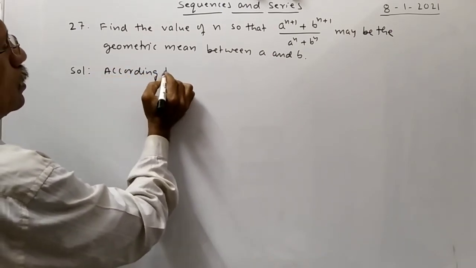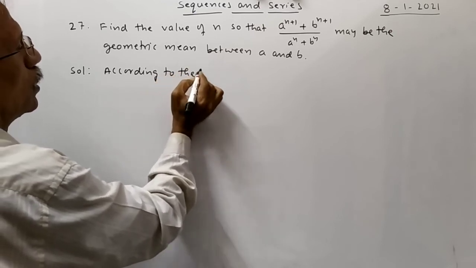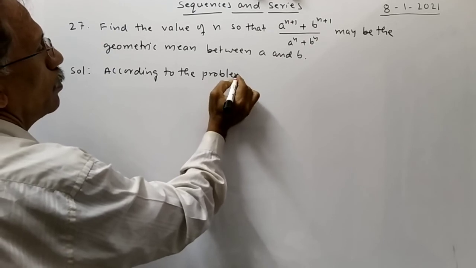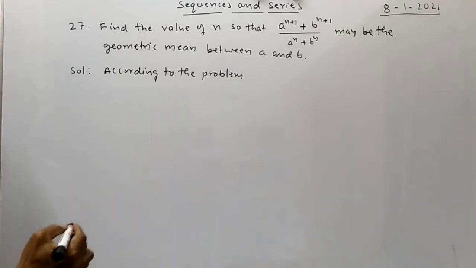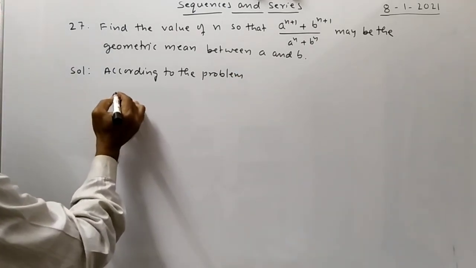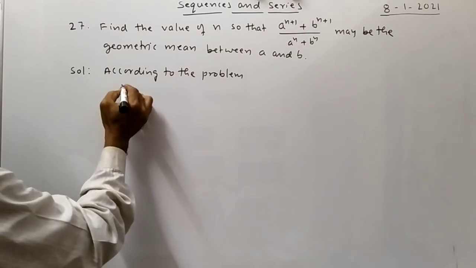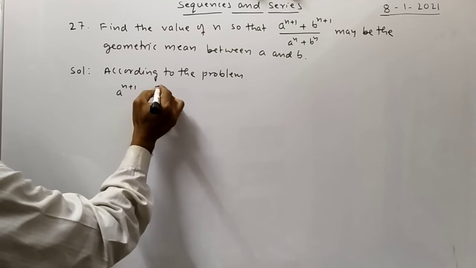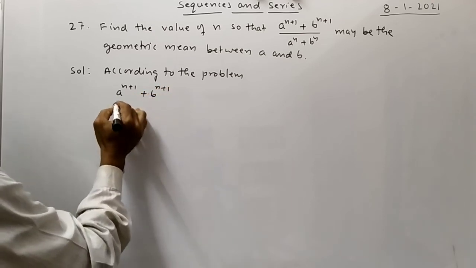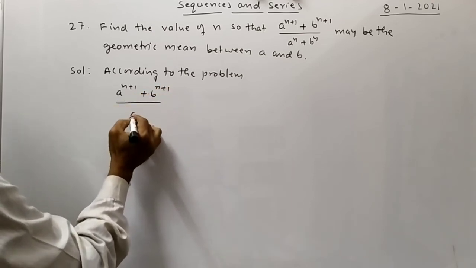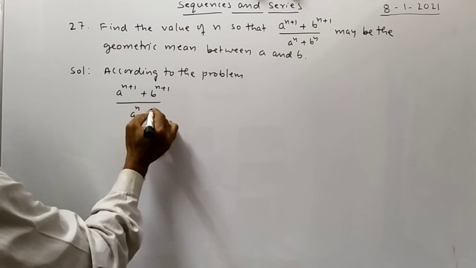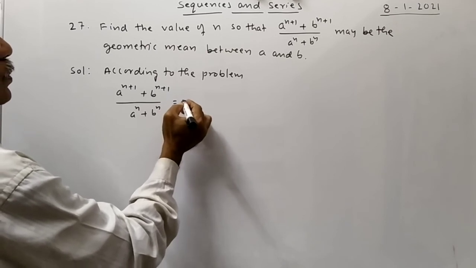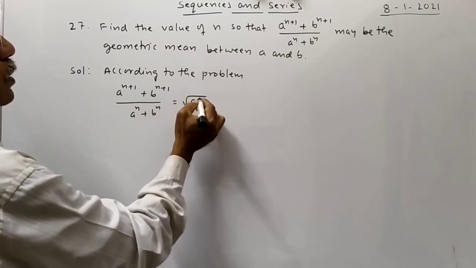According to the problem, a raised to the power n plus 1 plus b raised to the power n plus 1 divided by a raised to the power n plus b raised to the power n is equal to square root of ab.